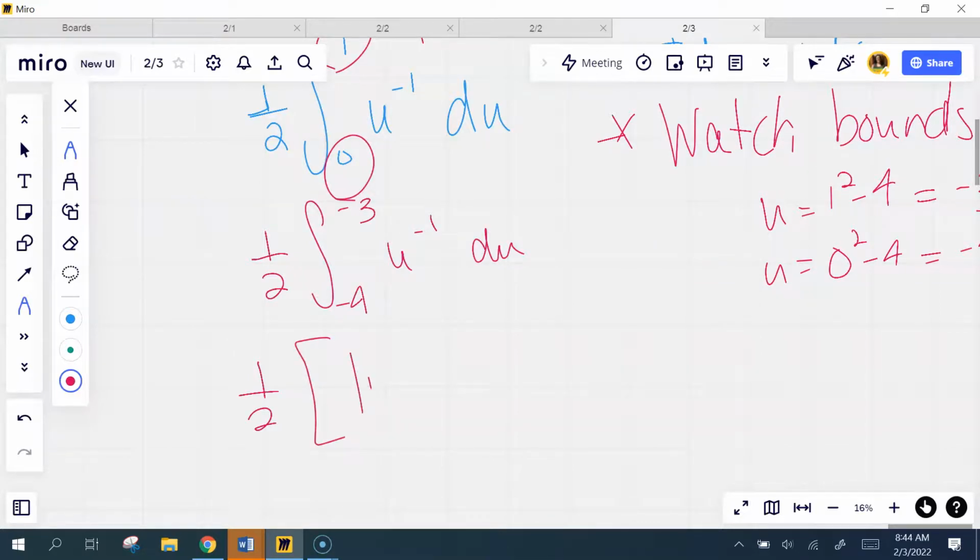Natural log of the absolute value of u, right? I don't need a plus c here because I'm going to plug in the bounds. Why don't I put a plus c? We're not done.